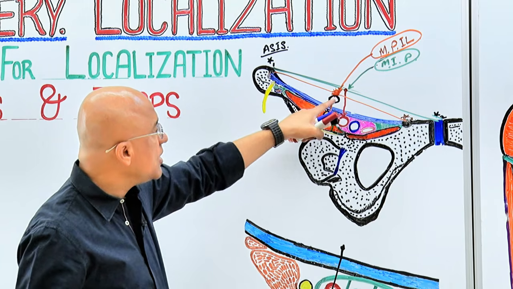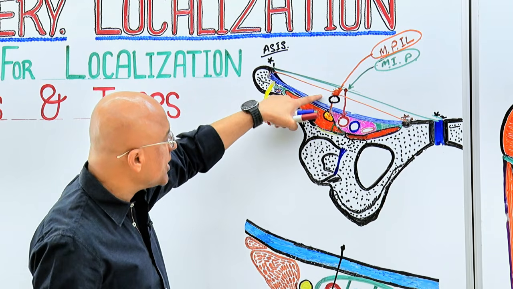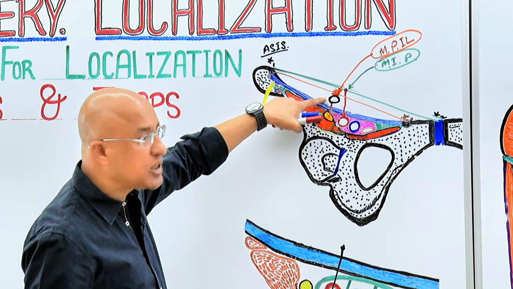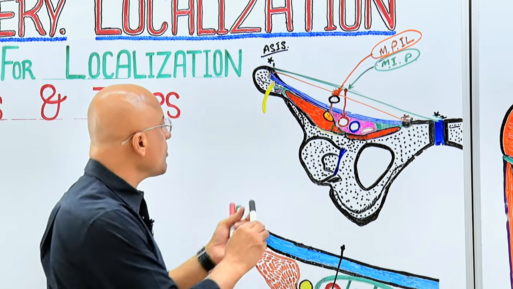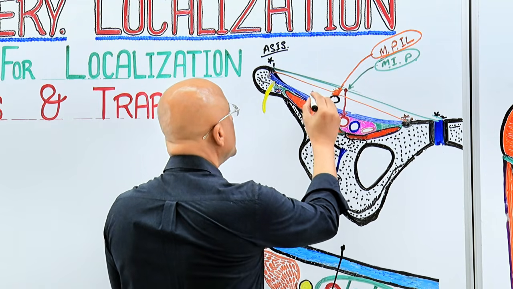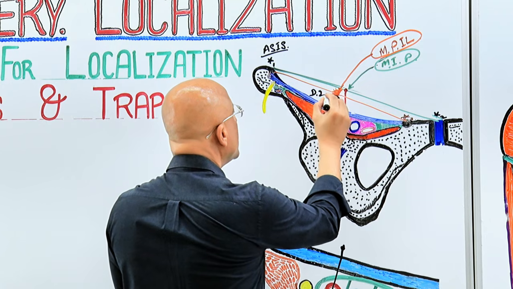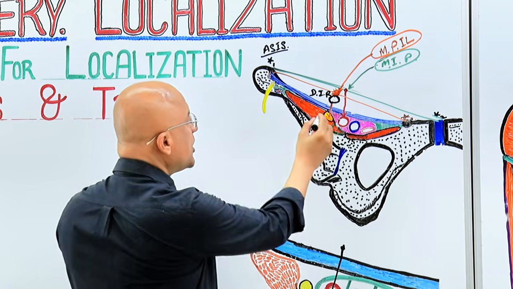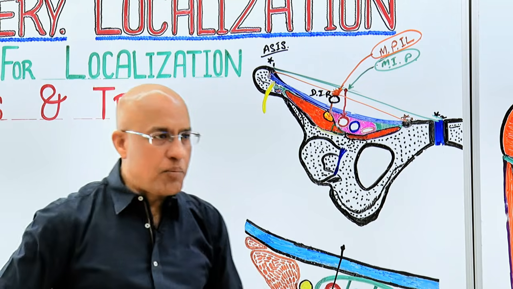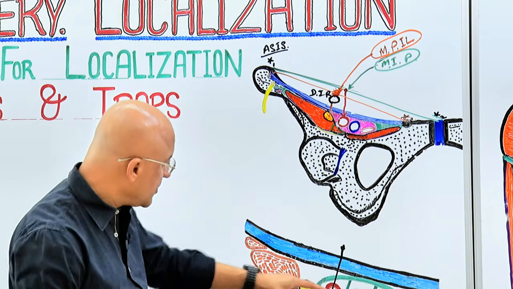I will not go into detail of hernia, but it has two importances. Number one, the deep inguinal ring. And number two, below the ligament.